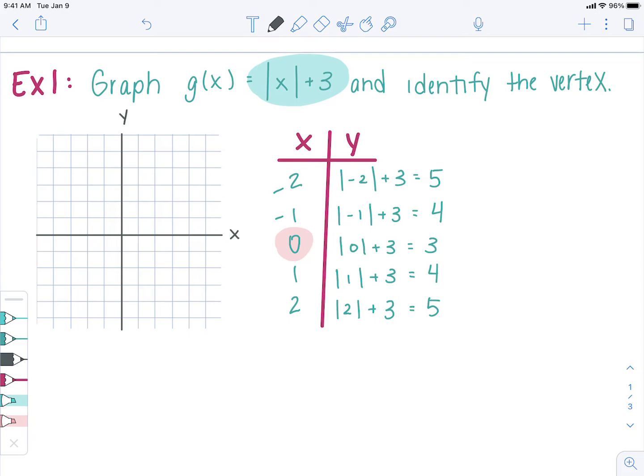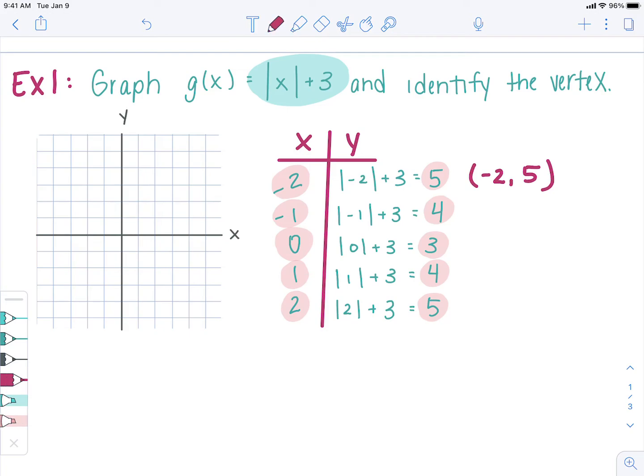And what's my y value there? 5. So -2 and 5. Sometimes it's a little tricky to read because our work is in there too. Then I'm going to use -1 and 4, 0 and 3, 1 and 4, and 2 and 5.